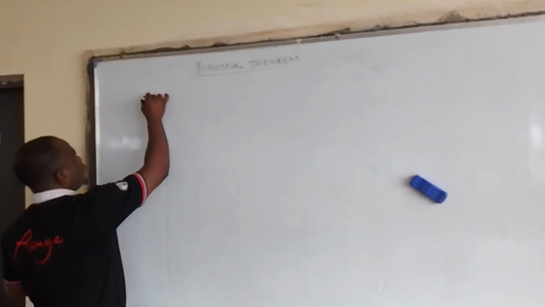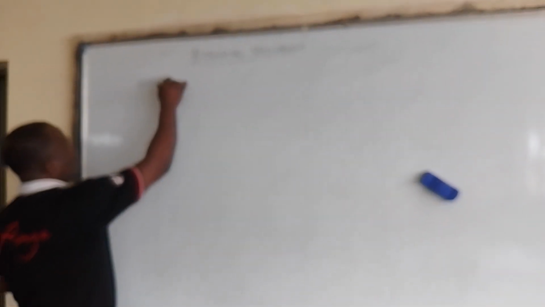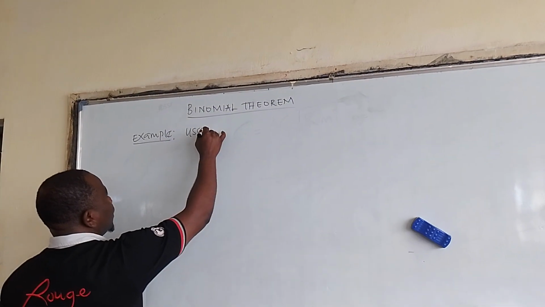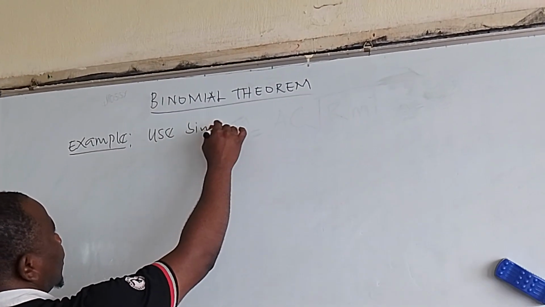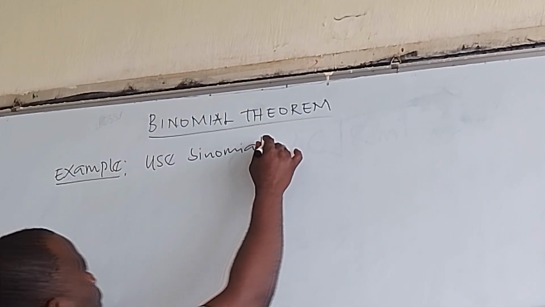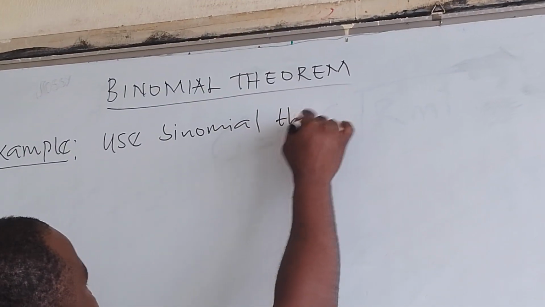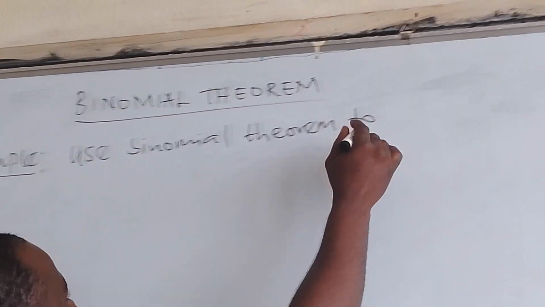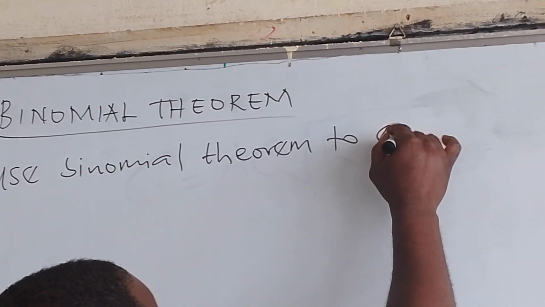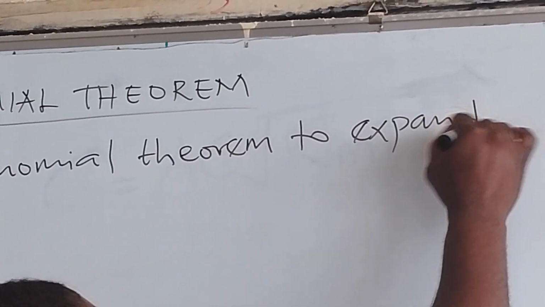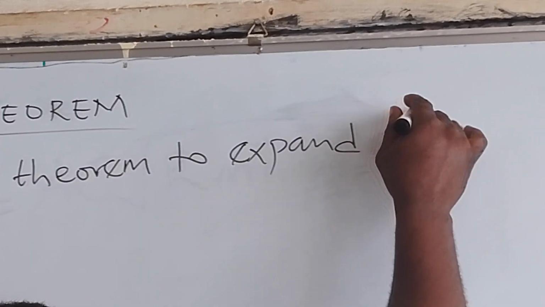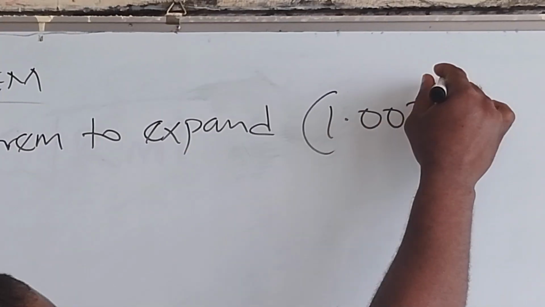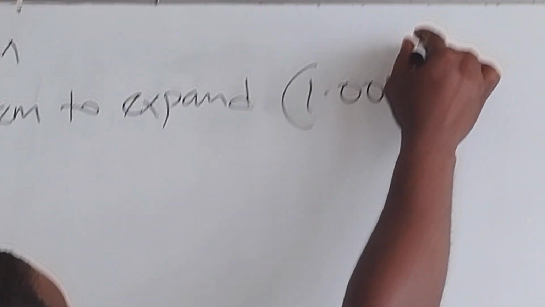Example 1. Use the binomial theorem to expand 1.002 all in bracket raised to the power of 5.